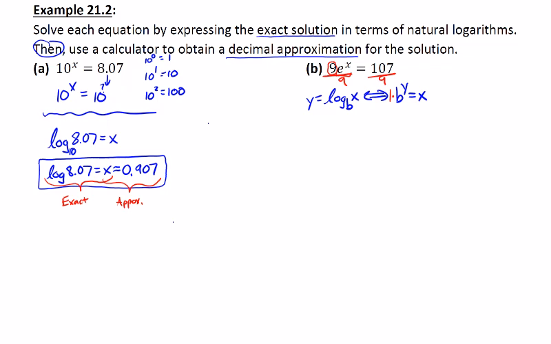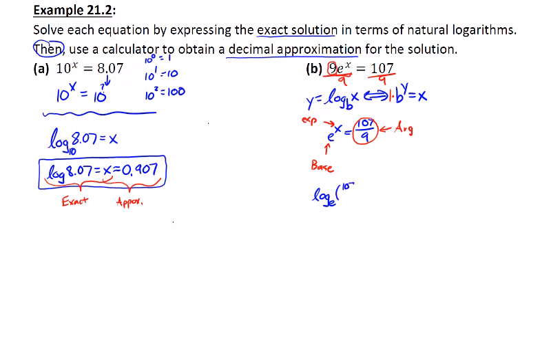So then I would end up with the statement e to the x equals 107 divided by 9, in which case e is treated as the base, x is treated as the exponent, and then the entire 107 over 9, which can be thought of as just a single rational number, represents now the argument for the logarithm. So we'll convert this to log, base e.